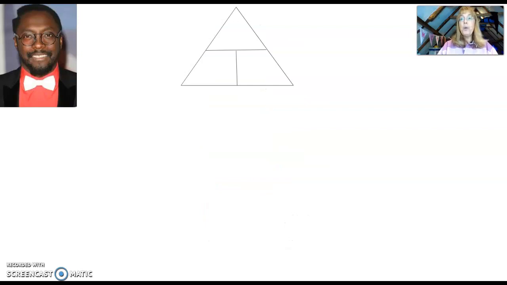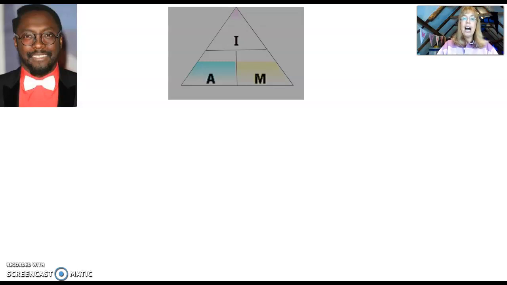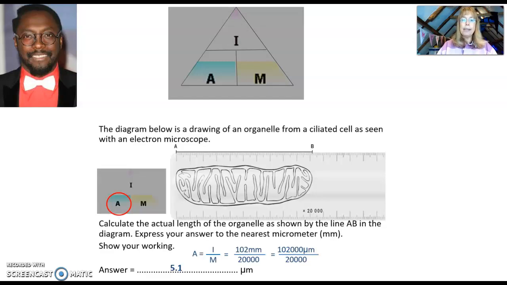Right, now, Will.i.am is always my light bulb moment to help me remember the equation for magnification. I am, Will.i.am. So let's have a look at a question where I am using this particular triangle. It says here the diagram below is a drawing of an organelle. In fact, it is the mitochondria because of the folded inner membrane.